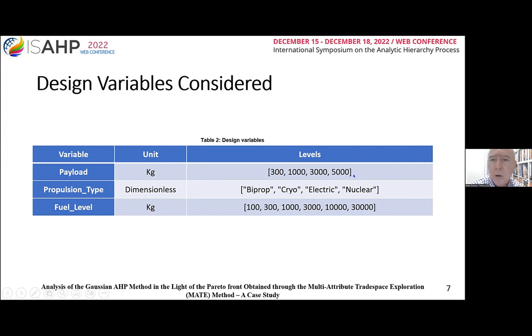So if you have 4 levels for the payload variable, 4 levels for the propulsion type variable, and 6 levels for the fuel level variable, when we do a full factorial combination, you have 96 design alternatives. The objective is to position these design alternatives into a bidimensional graph to analyze the location of each design alternative in relation to a Pareto front.